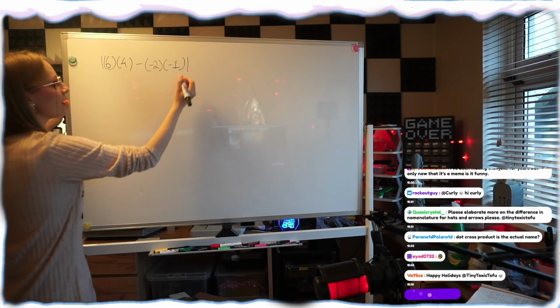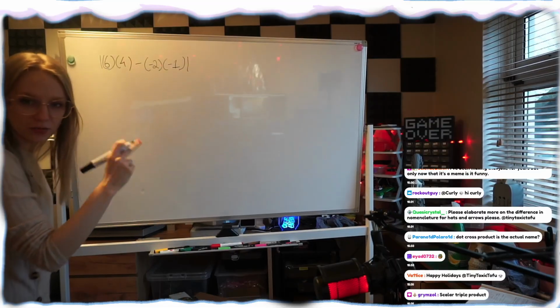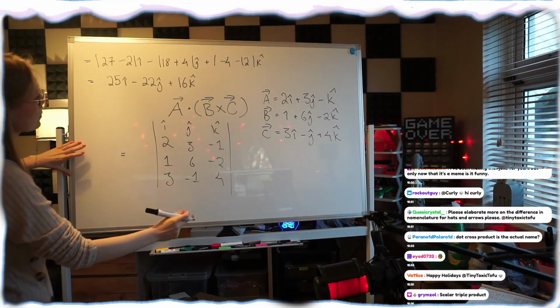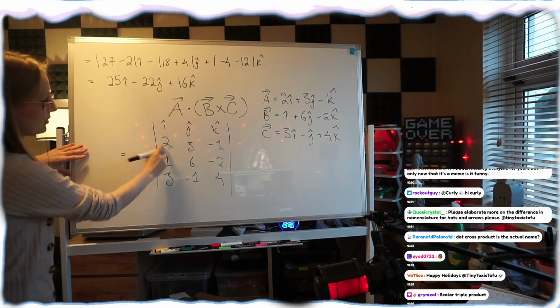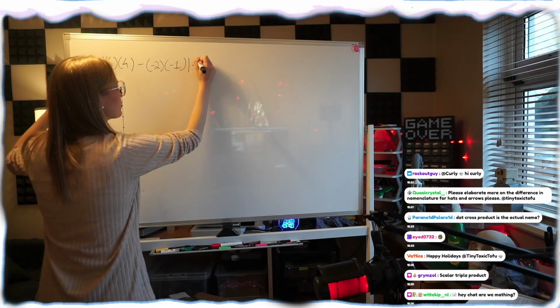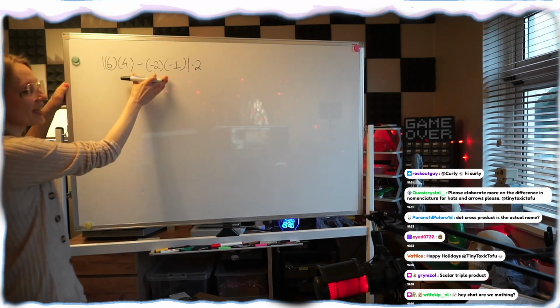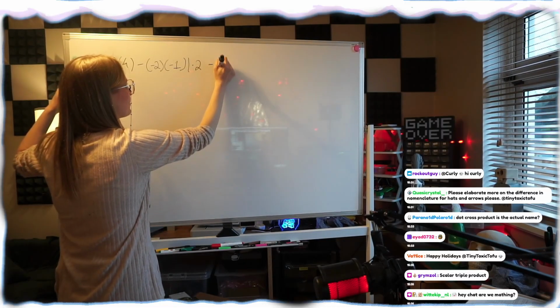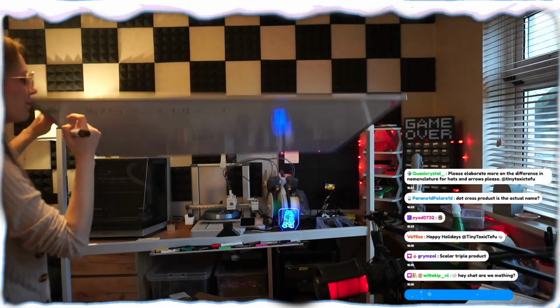Okay, times the dot product. We did do the product, which is a value here, 2. Multiply by 2. So whatever we get here, we're going to multiply it all by 2. That's going to be the first step. Next part.